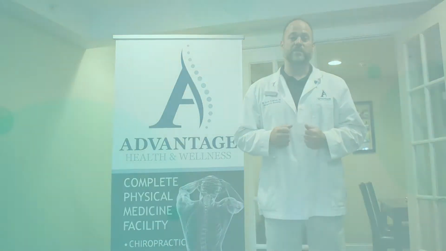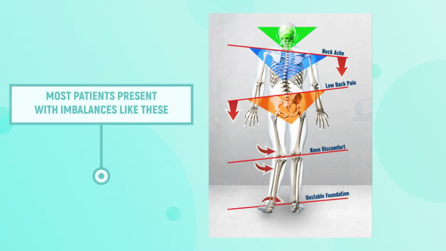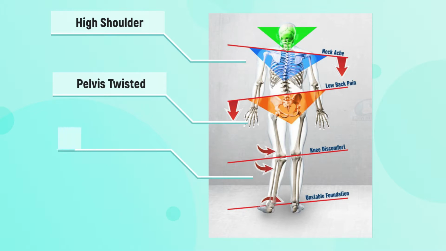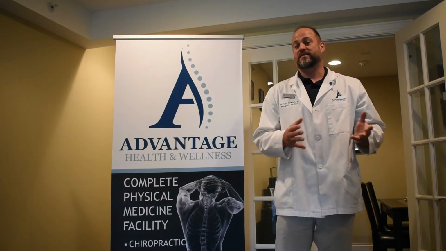Most of our patients that come in here present with imbalances in their body that resemble, to some degree, this poster, showing that your body is just out of balance. A high shoulder, the pelvis is twisted, one knee is further in than the other, and it throws your body out of whack. Those problems commonly can be fixed.